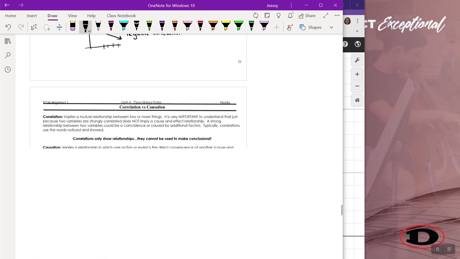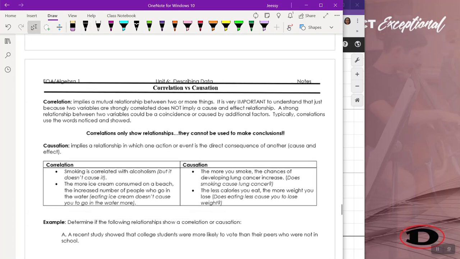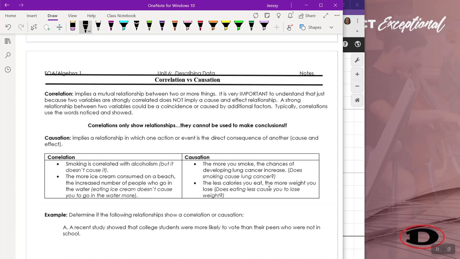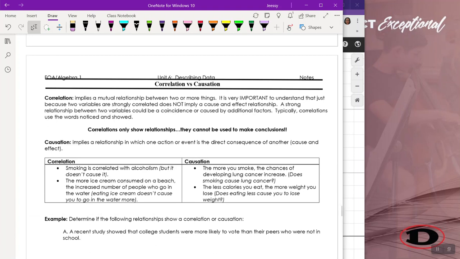Okay. Now, we'll leave this one for next time because there's a difference between two things having a correlation and those two things actually causing one another. Clear? So, for example, I'm only thinking causation right now.